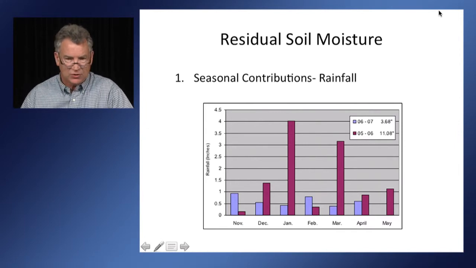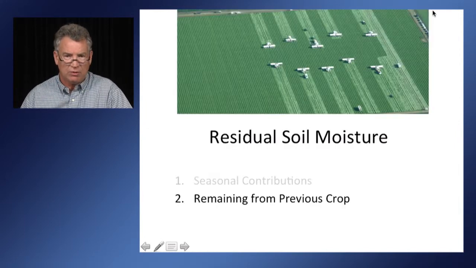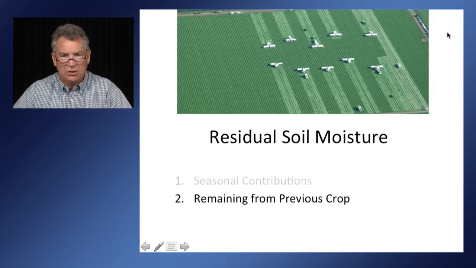But this is not always the case, and it is an important component of our soil water management. Residual soil moisture can also come from water that remains from a previous crop. If we had a well-irrigated crop that did not have a lot of water extraction following the final irrigation, there's going to be a tendency to have a lot of residual soil moisture in that soil as well.